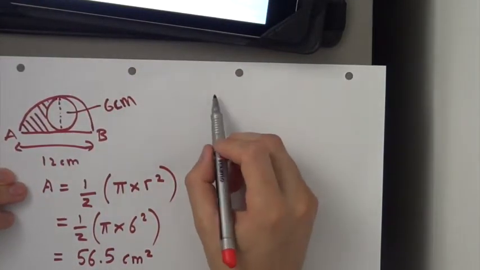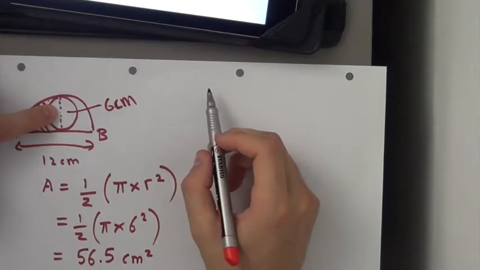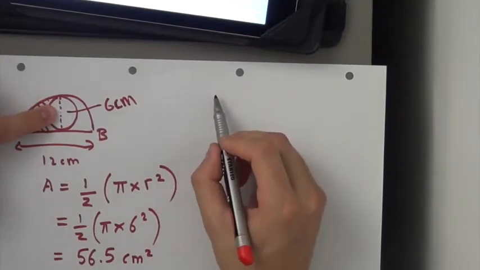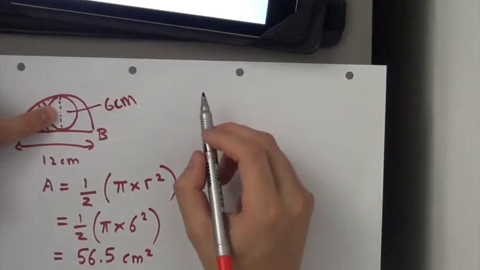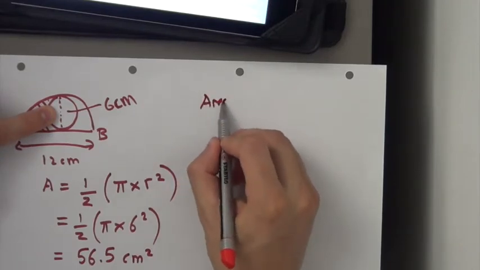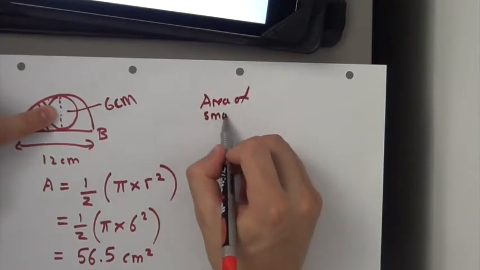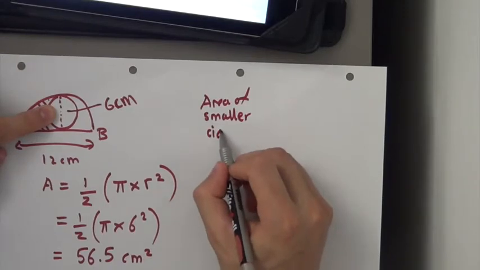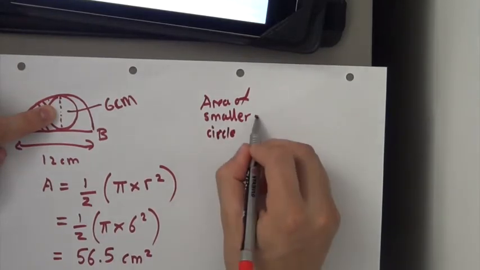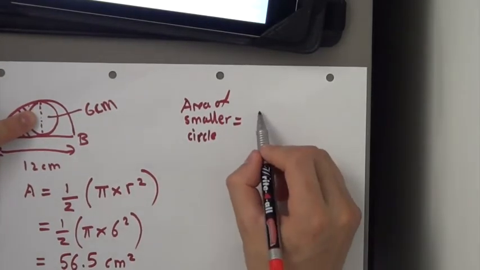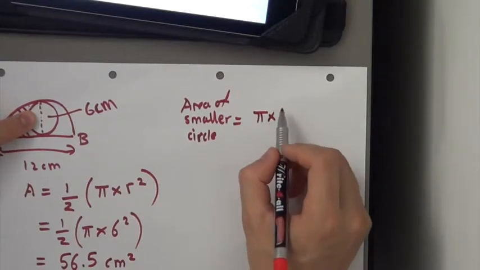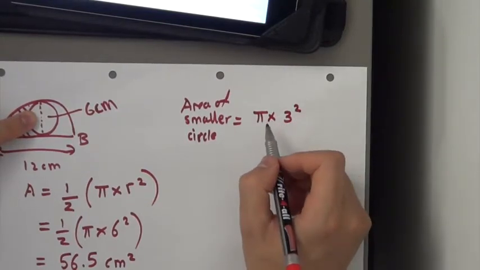But the 6 is the diameter and not the radius, so the radius is going to be 3 centimeters. So, area of smaller circle is pi times 3 squared.